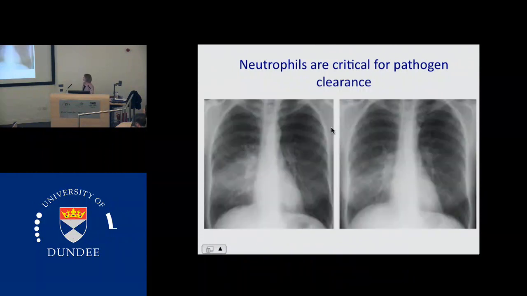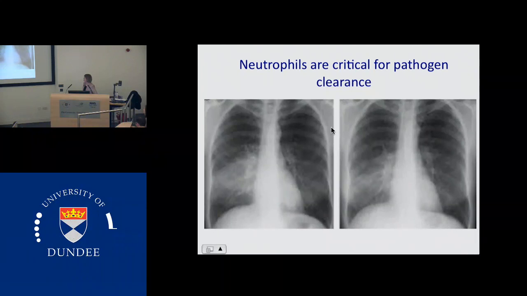So the other issue with treating neutrophilic inflammation is a difficulty that I've already alluded to. On the one hand, we know that neutrophils are critical for clearing infectious agents. So this is a patient with pneumonia, and the white patch represents areas where the lung, instead of being full of air, is full of white blood cells, principally neutrophils.